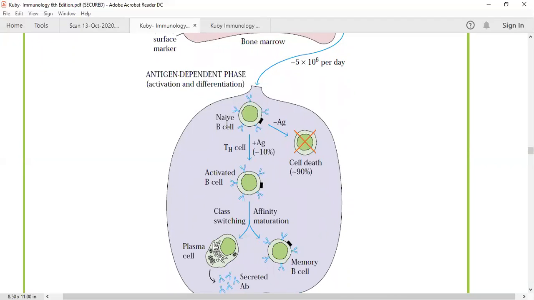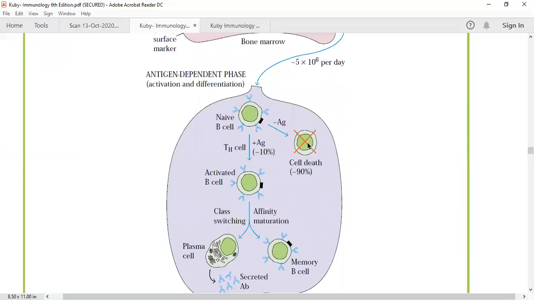These naive B cells, now actually the real term which we have understood from the last diagram, we will call them naive cells when they are coming into these secondary lymphoid organs. They will find some antigens, and then they are selected. Almost 10% of them will survive, otherwise they will die by apoptosis.